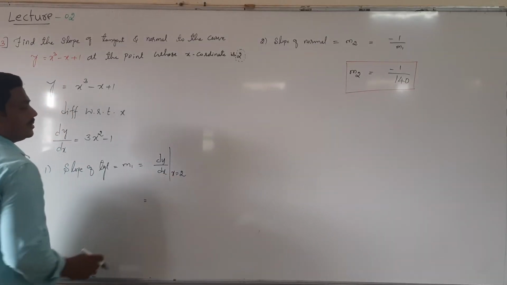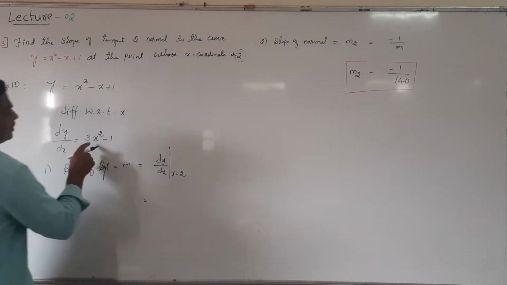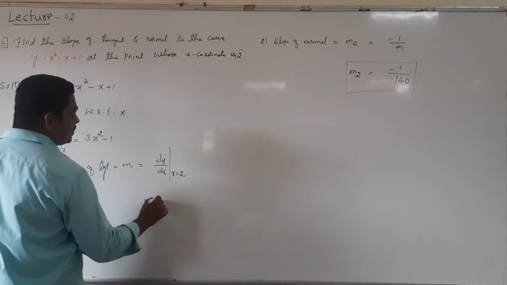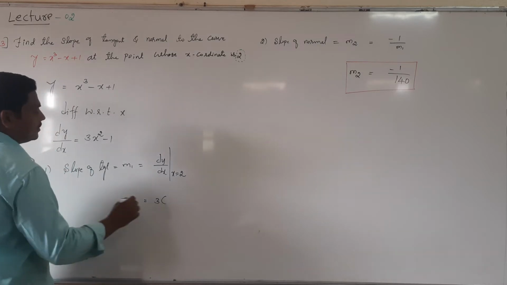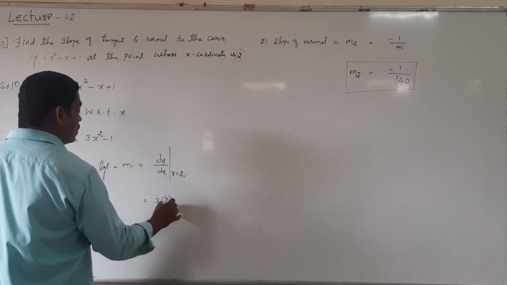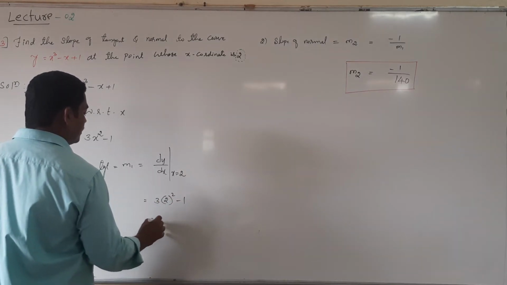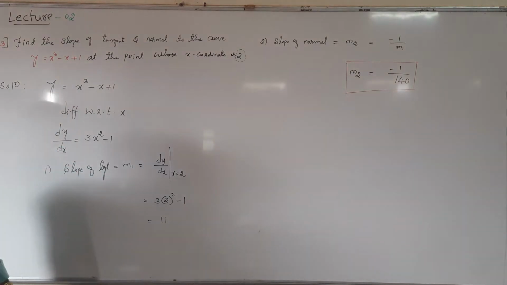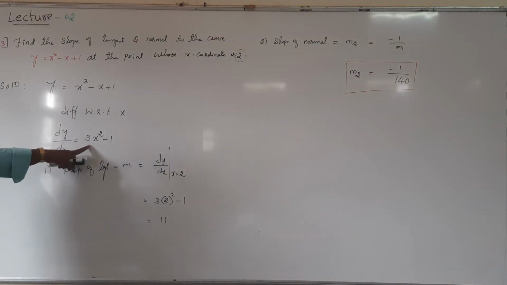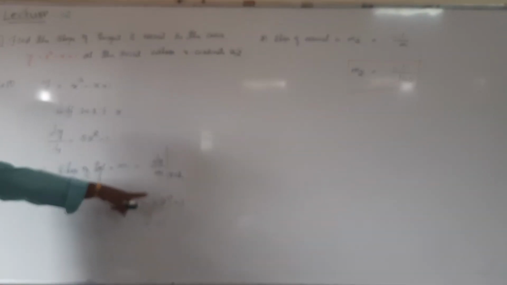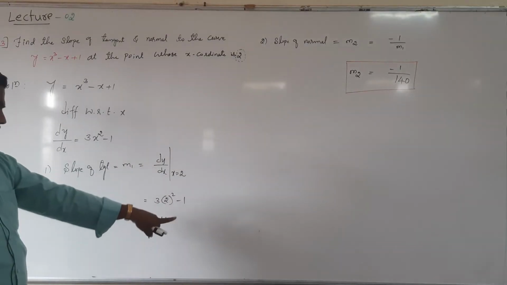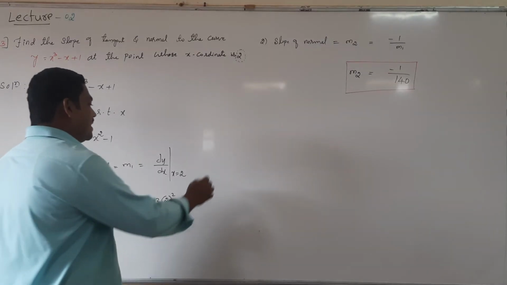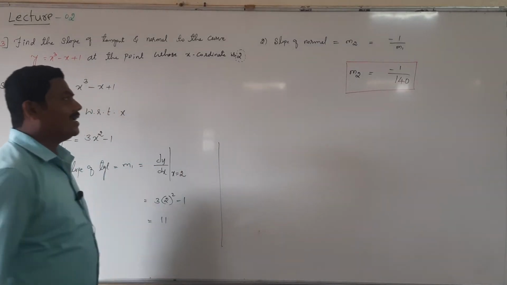In this expression, replace x value 2. 3 into 2 square minus 1. 2 square is 4, 4 into 3 is 12, 12 minus 1 is 11. This is the slope of the tangent line.